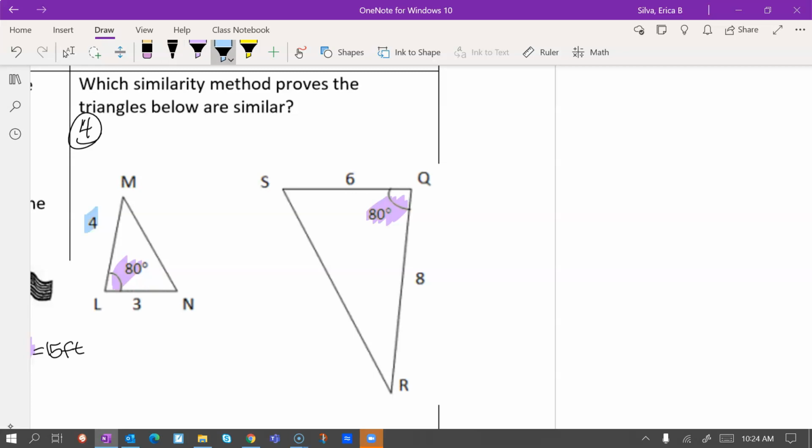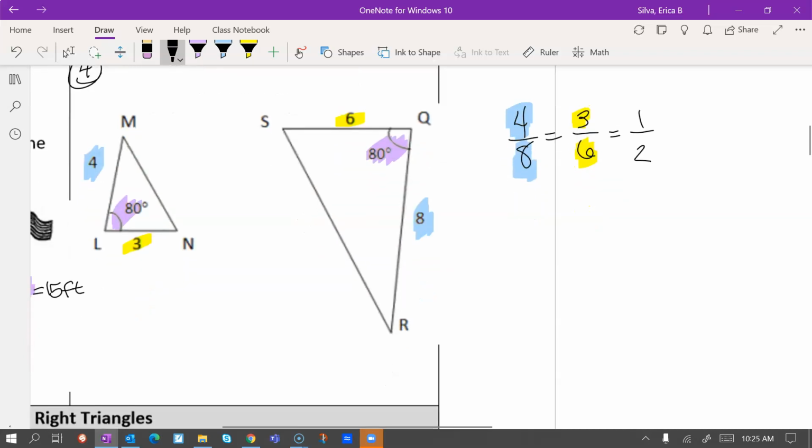Now we need to see if the sides are proportional. 4 corresponds to 8, and 3 corresponds to 6. If we simplify both of them, they're both equal to 1/2. Therefore, the sides are proportional, so we have this side and this side proportional to each other with the angle in between equal to each other. So these two triangles are similar by side angle side.